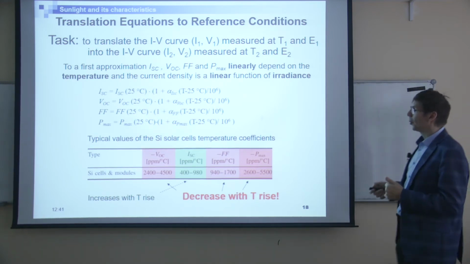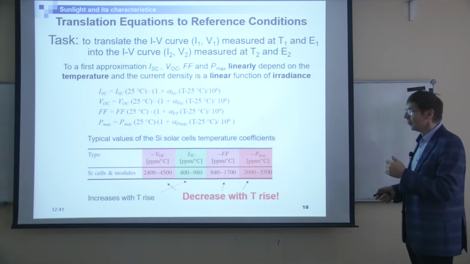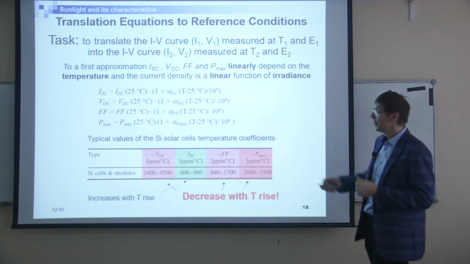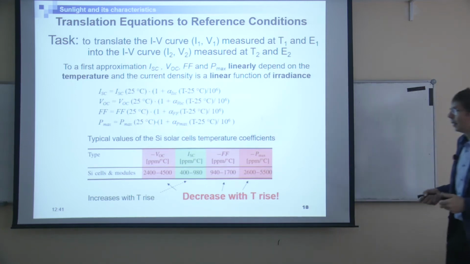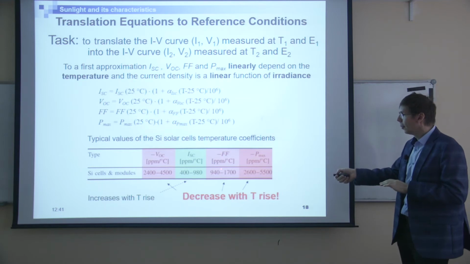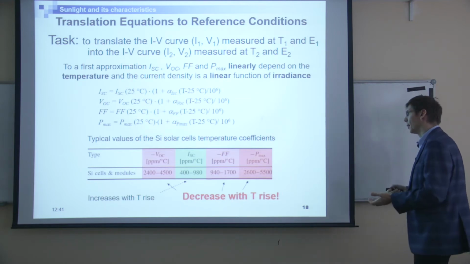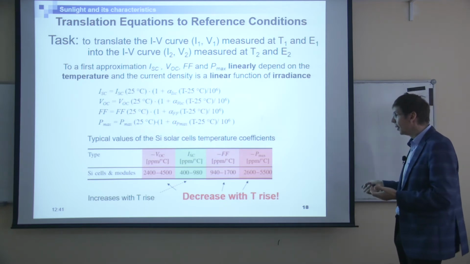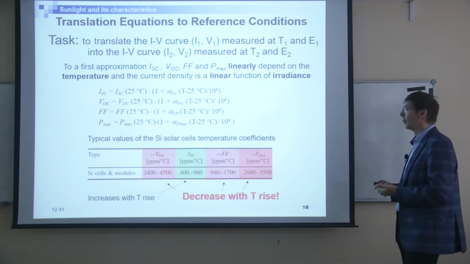Fortunately, the short circuit current increases, but this increase is not so important compared to the VOC. Normally the fill factor decreases also. And in summary, we have a decrease of the power.